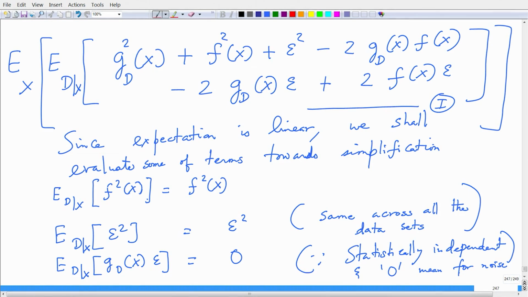So I will go with this kind of splitting, x and D given x. It makes more intuitive sense because I choose some set of points and then I look at those data sets containing these points and then average over the data sets and then average it over x.